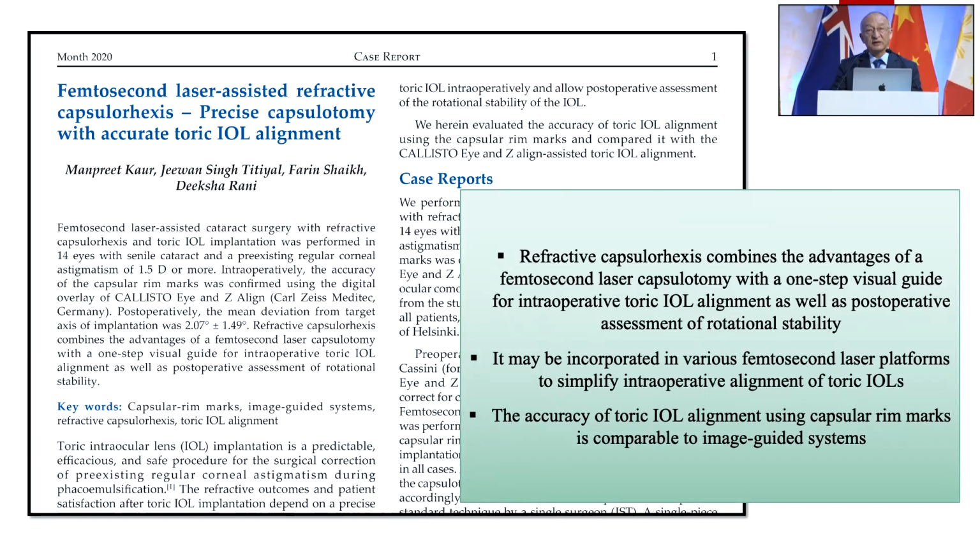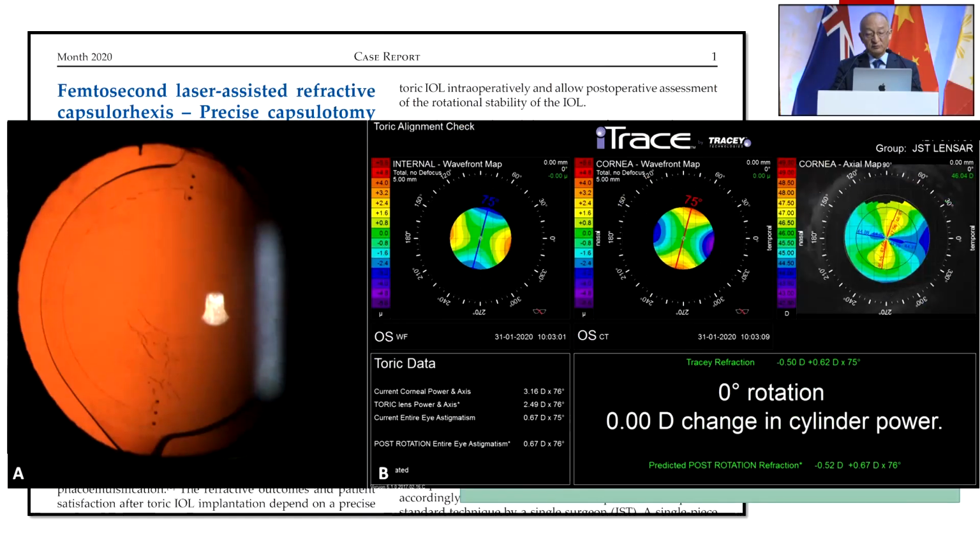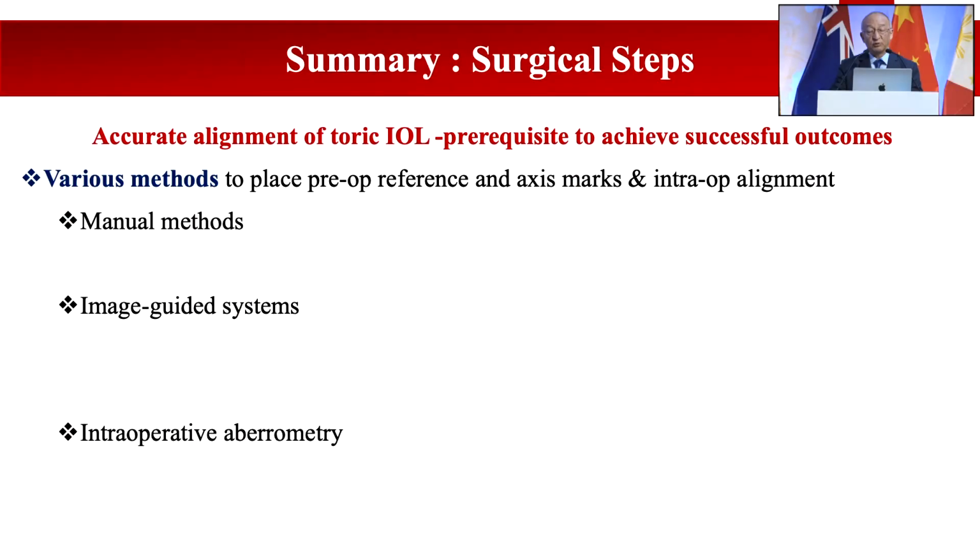Some of the femtosecond laser devices also allow you to make a little bit of a nudge into the capsular axis area, and that is the orientation of the lens. And it seems it matches correctly with the orientation of the image guided system also, and it can give you a much better orientation.